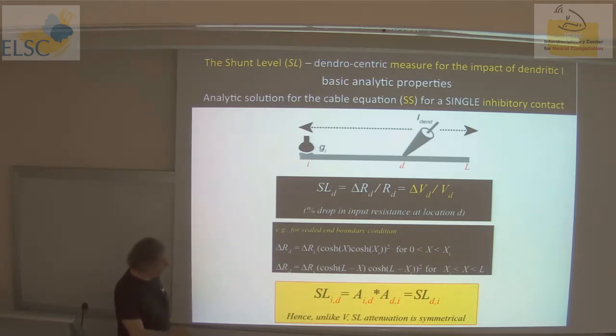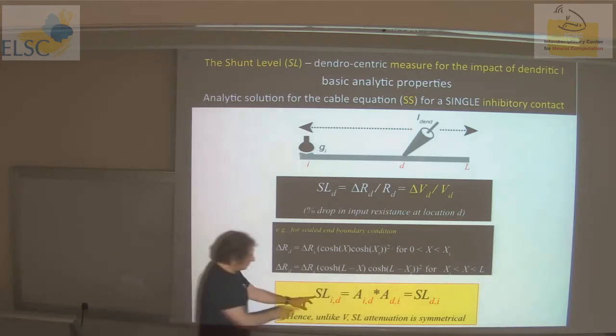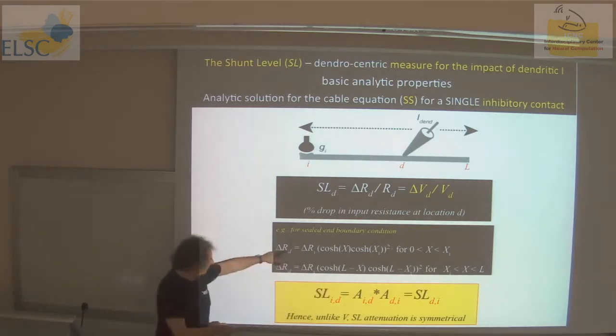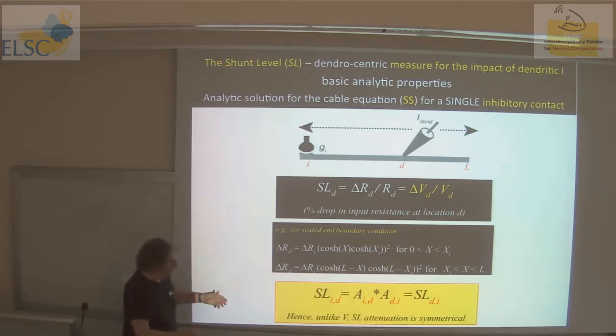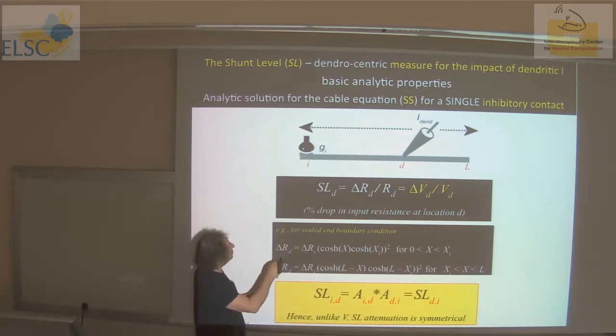And that's why the spread of the shunt is always more steep, because it's a multiplication of two things that are both smaller than one. This I can prove mathematically, but we understand why the shunt is less visible than the voltage. So if this was a voltage change, I would see the voltage change here percentage-wise better than if I shunt this region and record here.